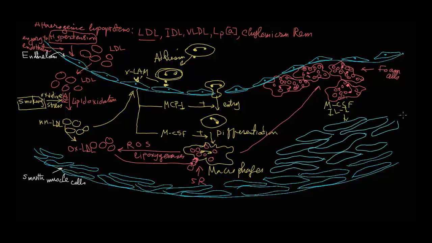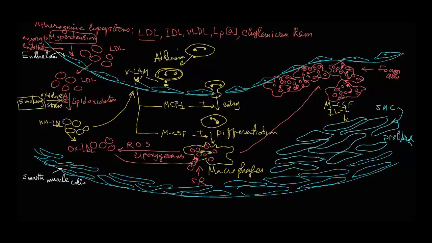So the smooth muscle cells undergo proliferation, and they are recruited to the site of the lesion, and some of them may be converted into foam cells by ingesting oxidized LDL as well. So foam cells represent the hallmark of fatty streaks, and they contribute to the development of advanced lesions by the production of cytokines and growth factors like macrophage colony stimulating factor and interleukin-1.